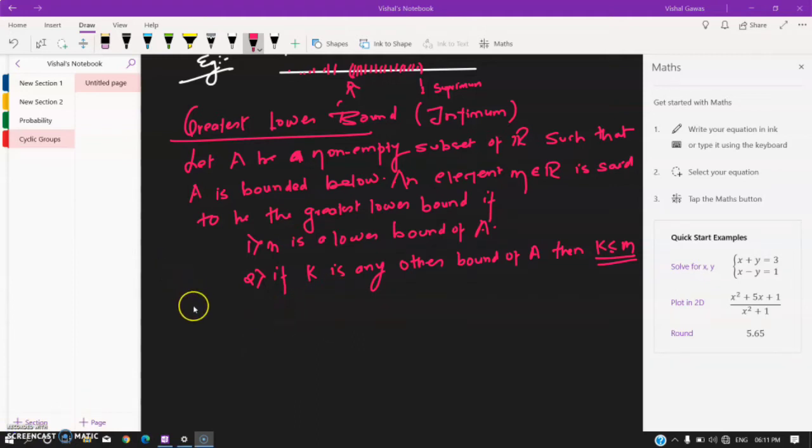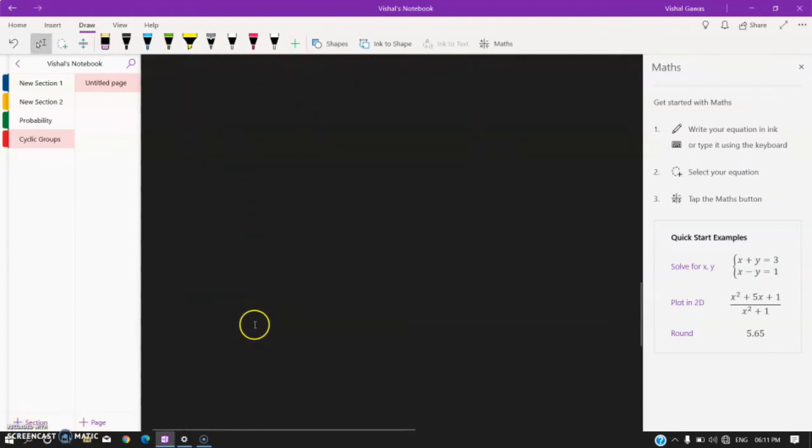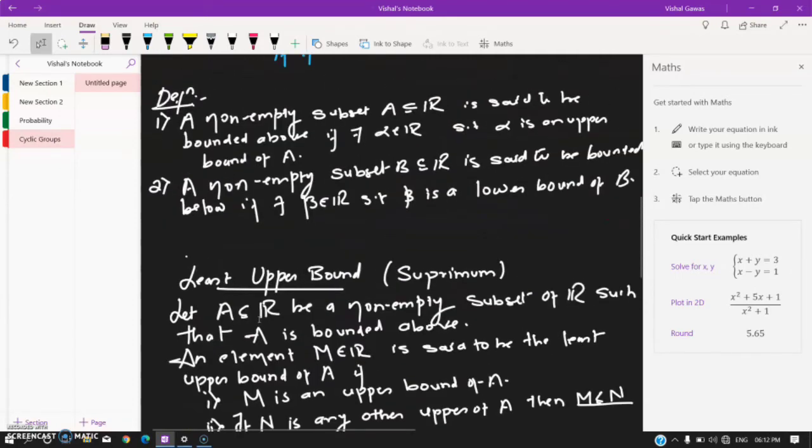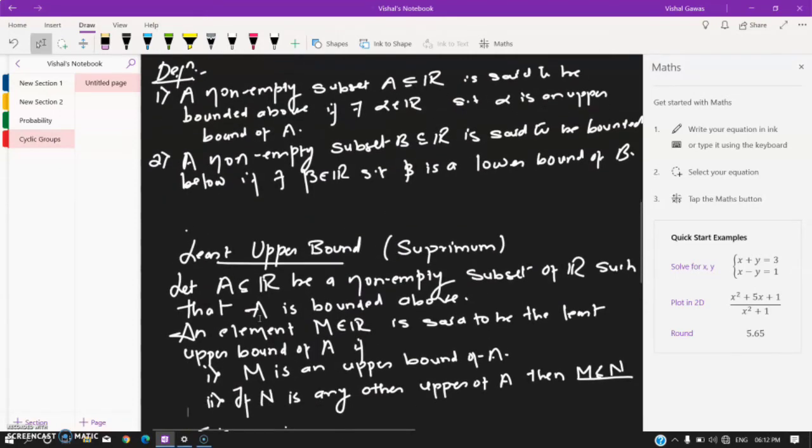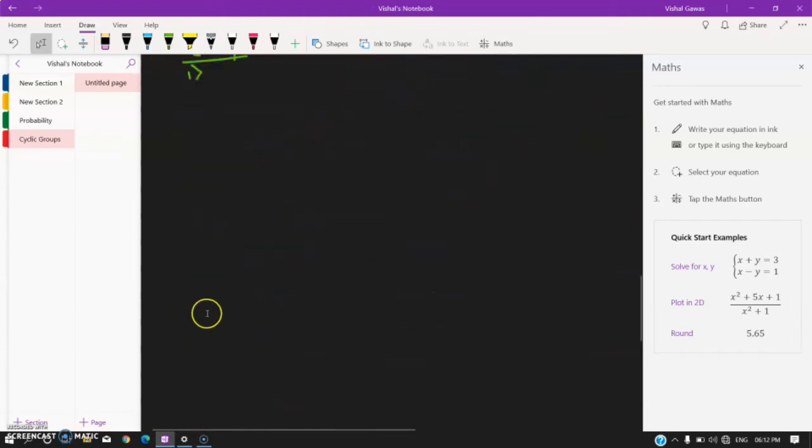So let's see this in the following examples. Okay. So let's look at the first example.